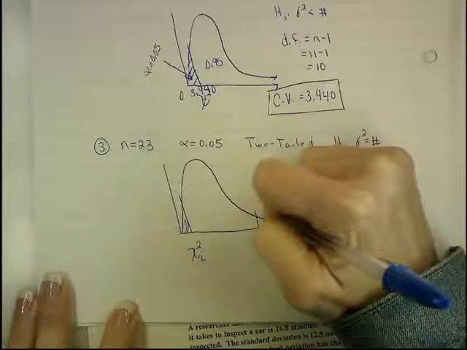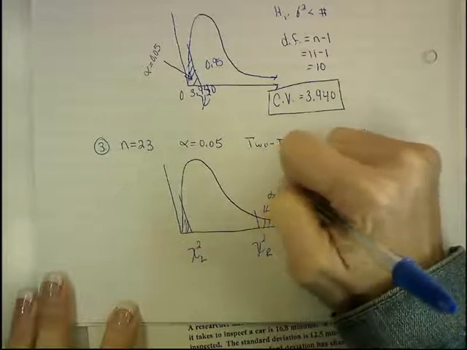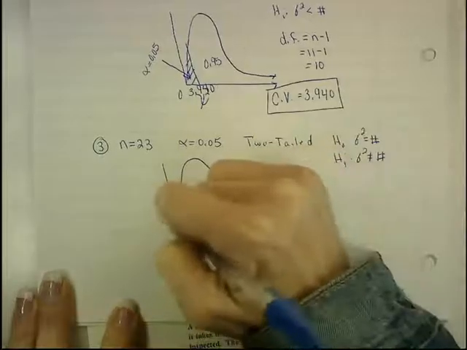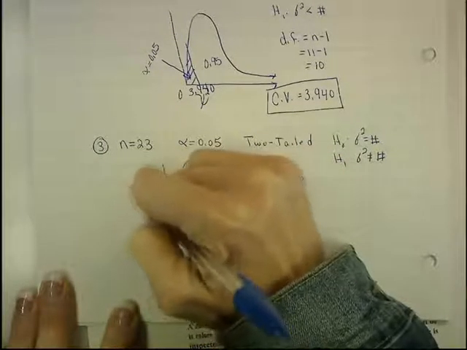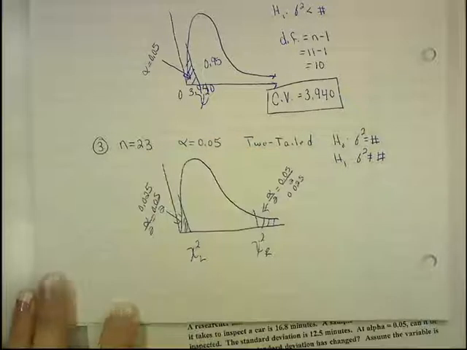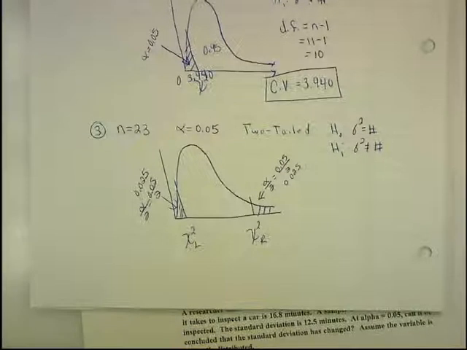Each area is alpha over 2 in each tail, 0.025 in each tail. This is kind of like when we did confidence intervals for true population variance and standard deviation, those chi-square intervals.